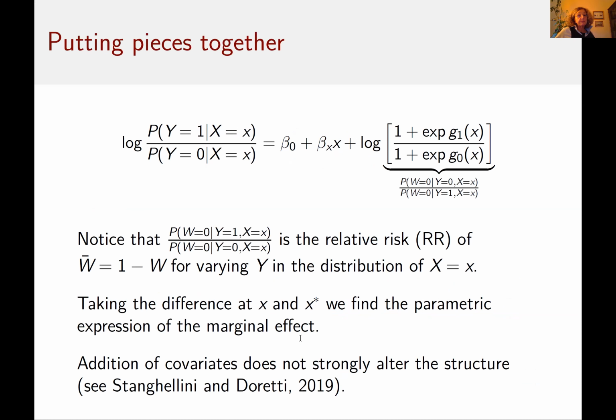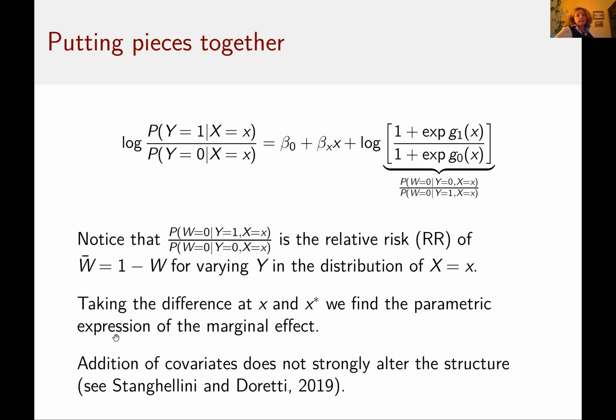So if you put the pieces together, you may arrive at a parametric formulation of this marginal model, where here you have the log of the relative risk of w equals 0 when varying y in the distribution of w given x.